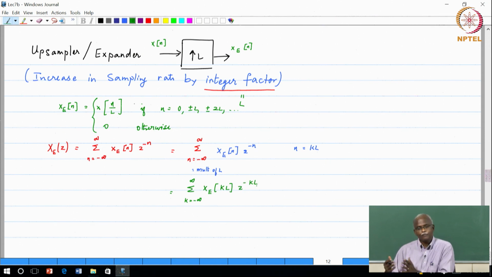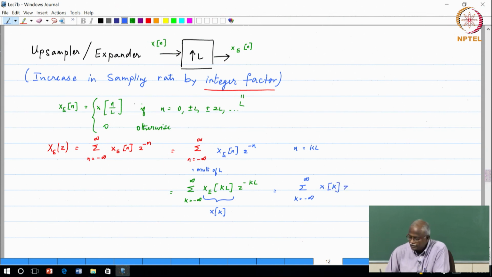Wherever there is n, I am going to replace it with kL, and k will go from minus infinity to infinity, because that will then capture all the multiples of L that are present. Now xe of kL by definition is equal to x of k. So this is nothing but the summation k equal to minus infinity to infinity of x of k z power minus kL.